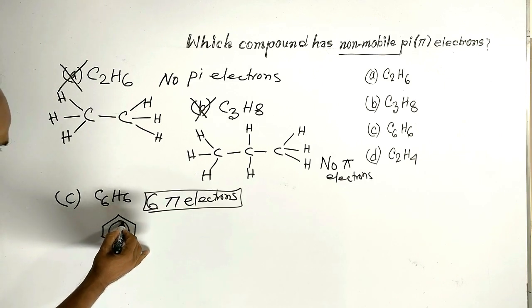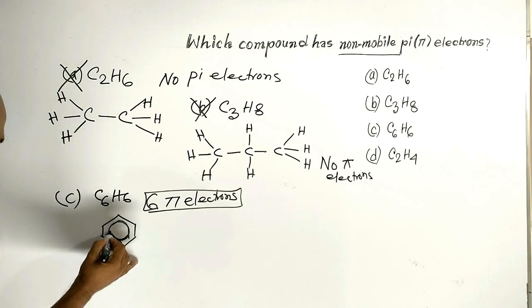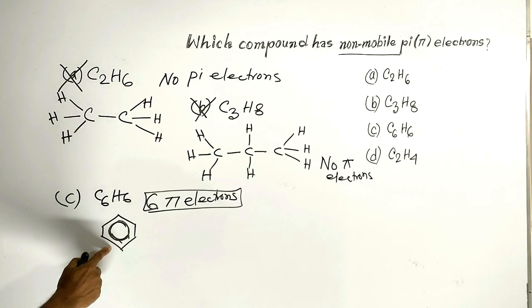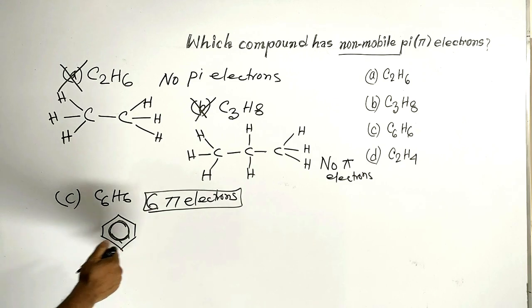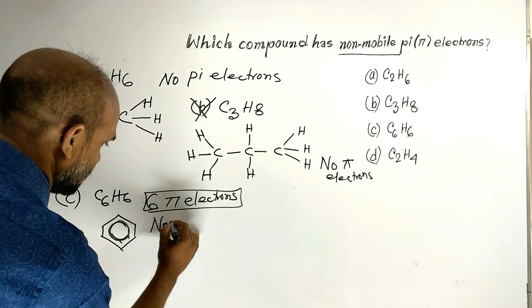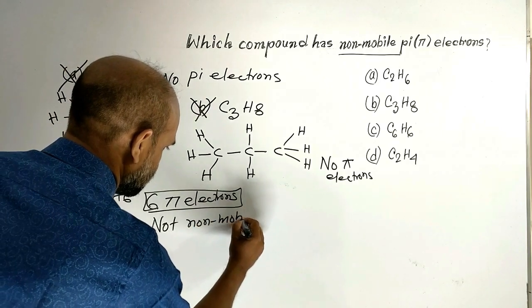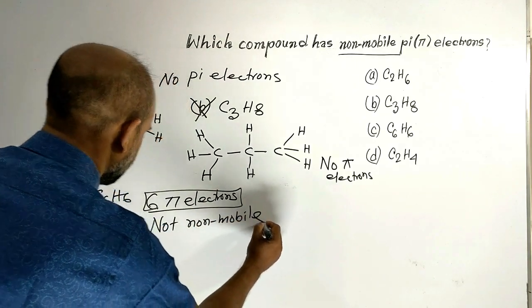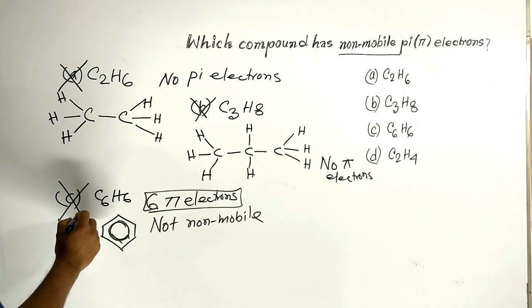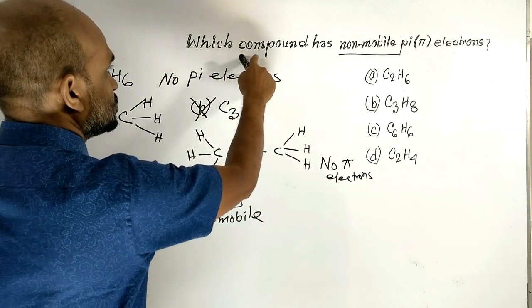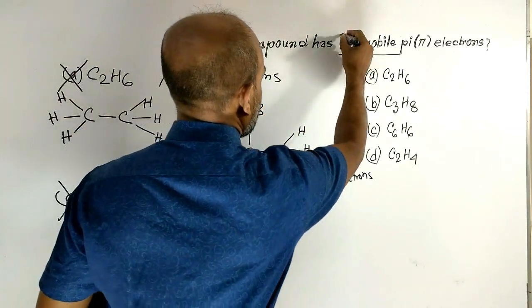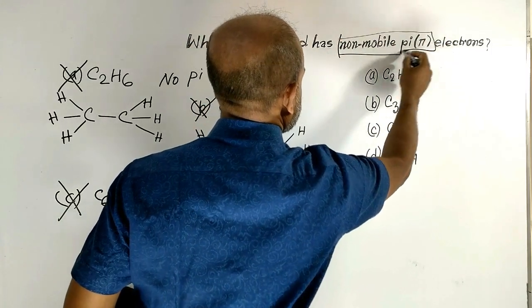These electrons are in continuous movement. So it has pi electrons but not non-mobile. So this is not correct. The question is, which compound has non-mobile pi electrons?